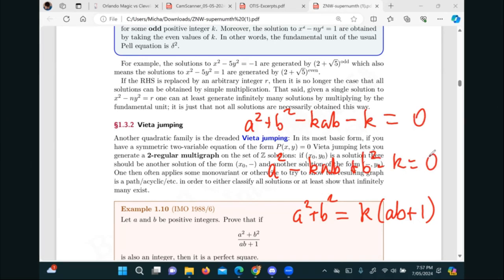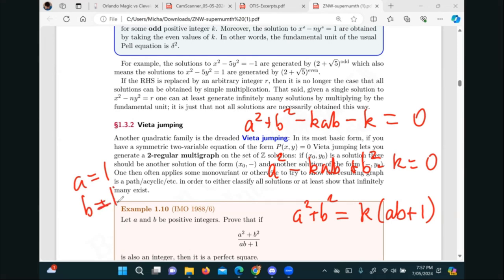Are there obvious solutions we should be subbing in? a equals 1, b equals 1? Yes, a equals 1, b equals 1 is a solution.